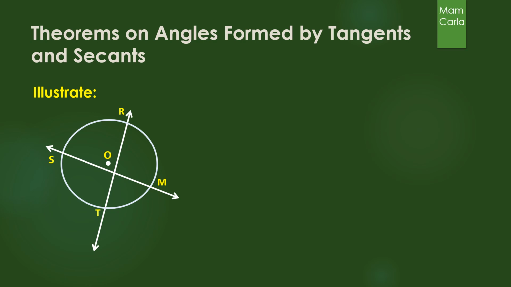Let us deal with this example. Let us find the measure of angle 1. Provided that the measure of arc SR is 120 and the measure of arc PM is 100, we will be using the formula measure of angle 1 equals 1/2 times the measure of arc SR plus the measure of arc PM.